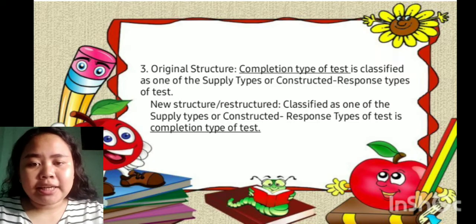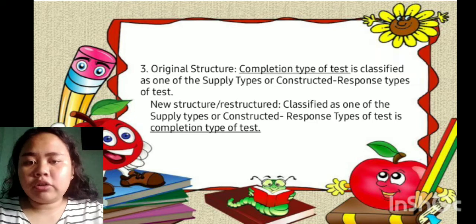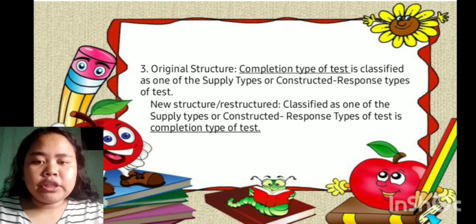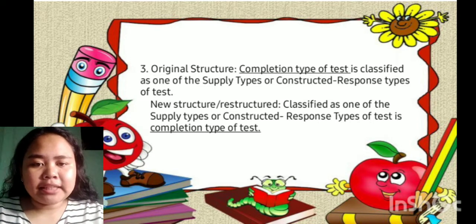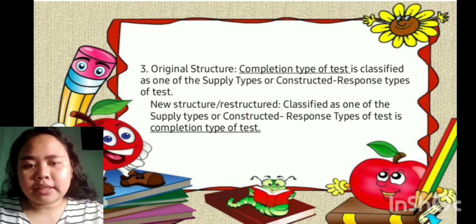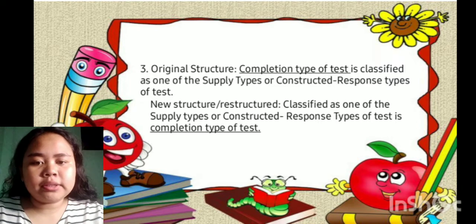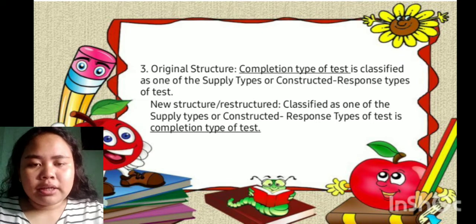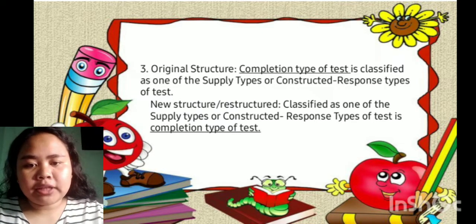Guideline number 3 example. In its original structure, completion type of test is classified as one of the supply types or constructed response types of test. So, the main idea here is the completion type of test.